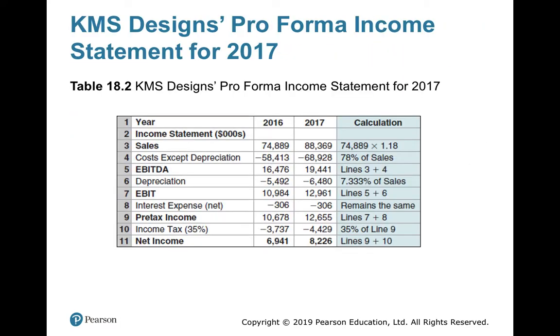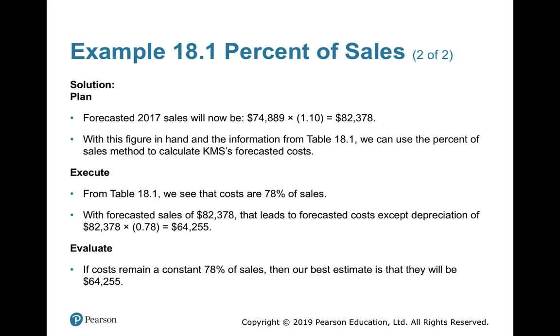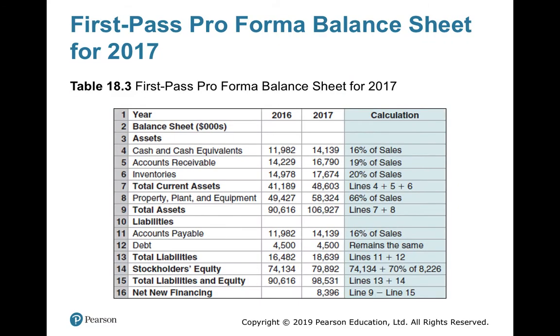So the net income of 2017 forecasted is 8,226. Out of 8,226, 30% is dividend, so 70% is retention. That retained earning will be added back. So the new shareholder equity will be old stockholders equity plus 70% of the net income. Then we will get the total liabilities and equity.